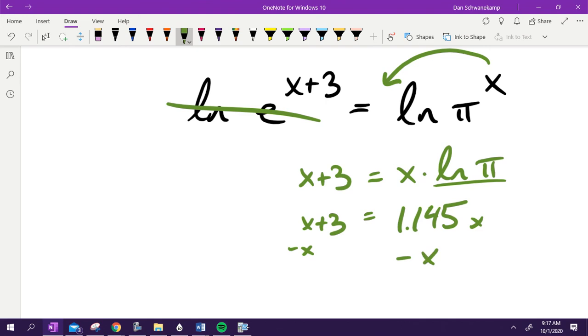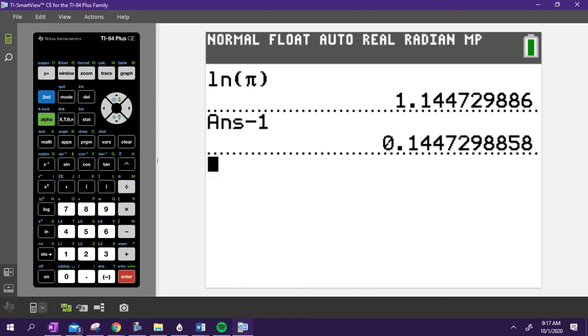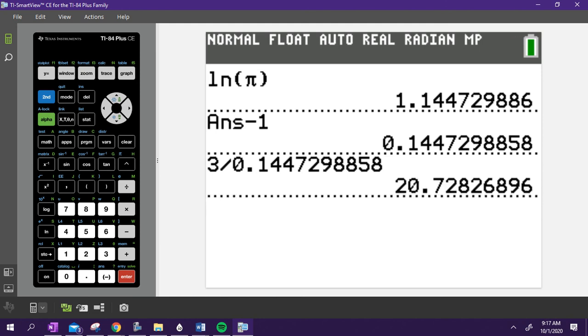I'm going to subtract an x. So minus 1. And then I'm going to take 3 divided by that thing right there. You just got to be good with your calculator. I know I do that kind of quick, but it's just a matter of simplifying it down. I get 20.728.